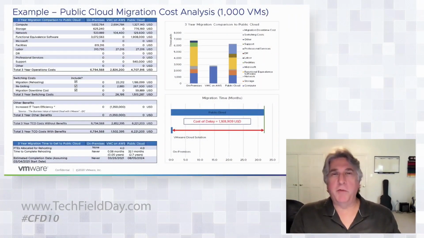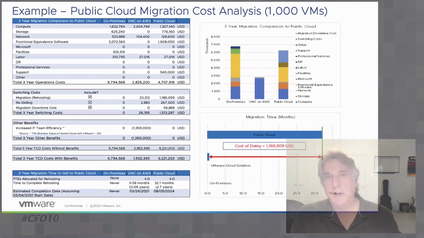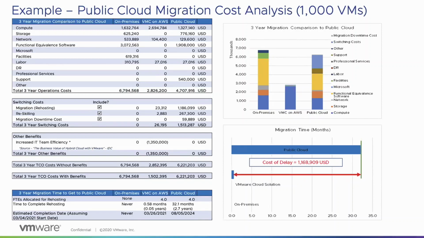We've estimated the functional equivalent software on a function by function basis. In particular, working with EC2, it may be very different working with other clouds, but again, these are all numbers that are adjustable. We can work with the customer to determine what their actual number would be for their particular use case.